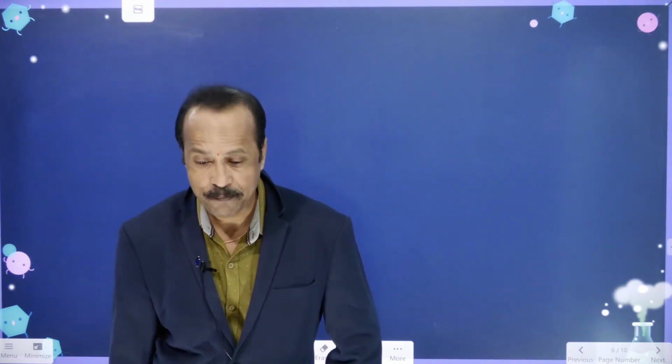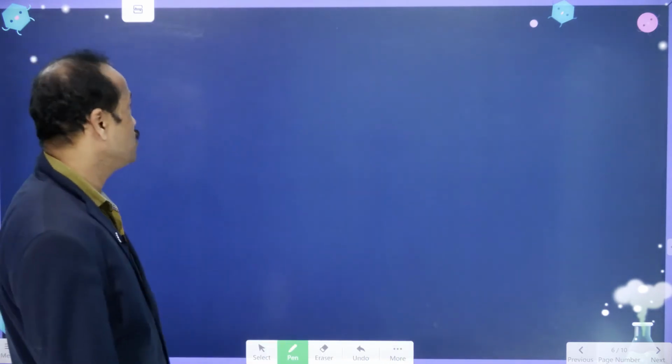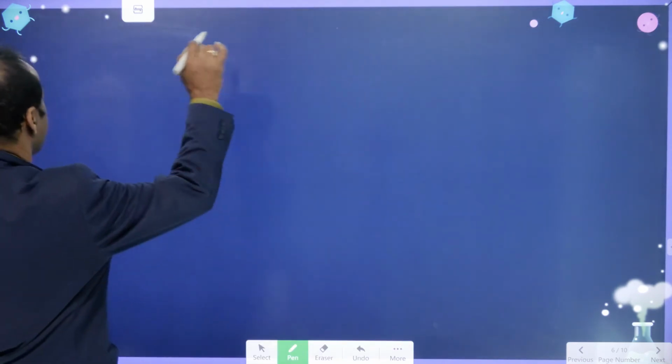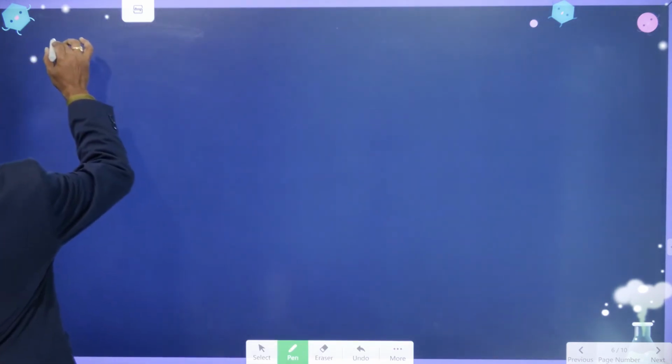So now I'm going to write the first 20 elements. Everyone open your notebook, and what I'm writing, you also write. First you make columns.